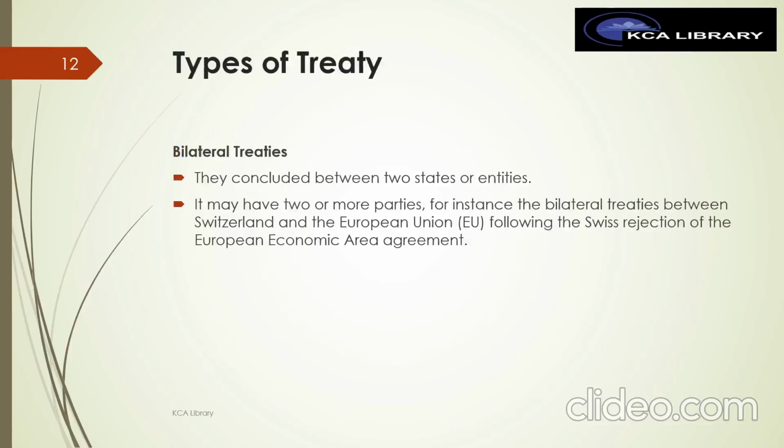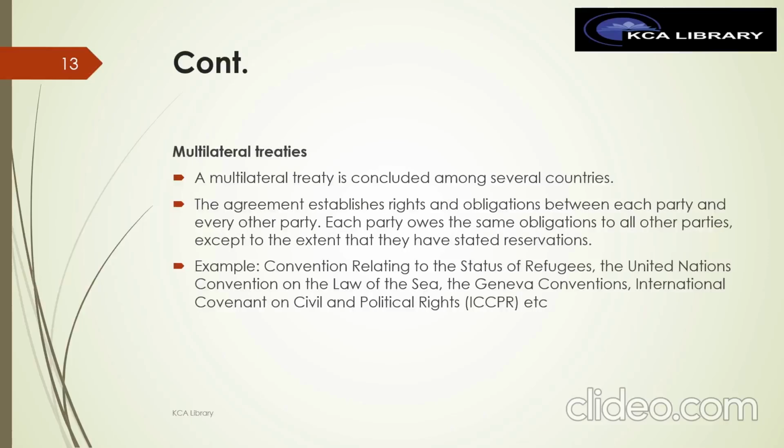So let us look at the types of treaties. We have bilateral treaties. These are concluded between two states or entities. For instance, the bilateral treaties between Switzerland and the European Union following the Swiss rejection of the European Economic Area Agreement. Also, we have multilateral treaties, which are concluded among several countries.